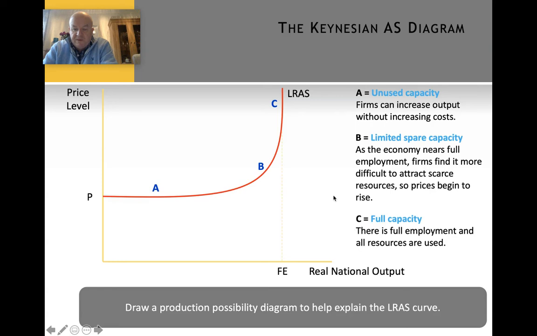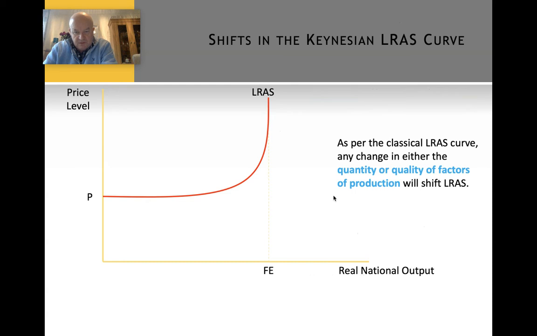Now let's take that a slightly further and try and explain what that means for both aggregate demand and aggregate supply. If we're talking about a shift, we've got the opportunity to shift the Keynesian LRAS curve in exactly the same way as we showed in the classical view, and again that's down to changes in either quantity or quality of the factors of production.